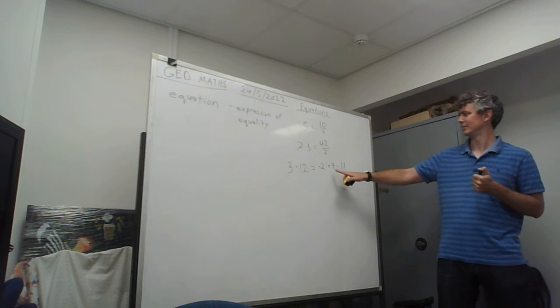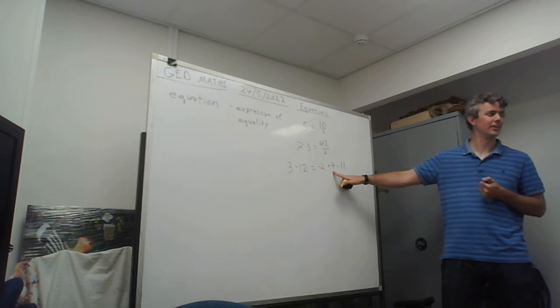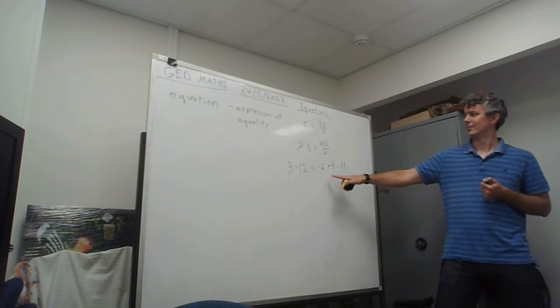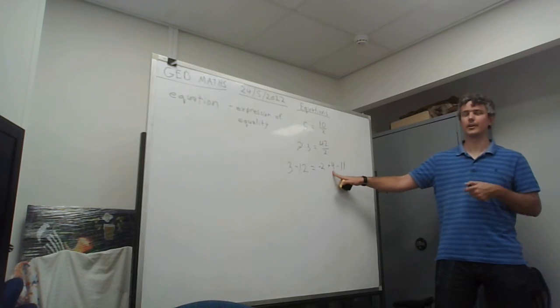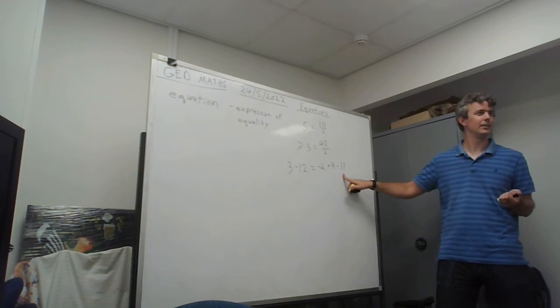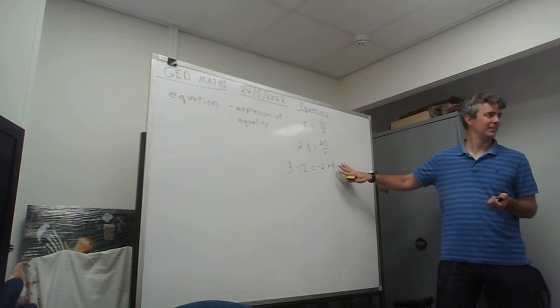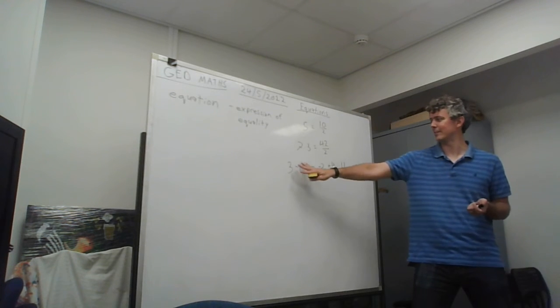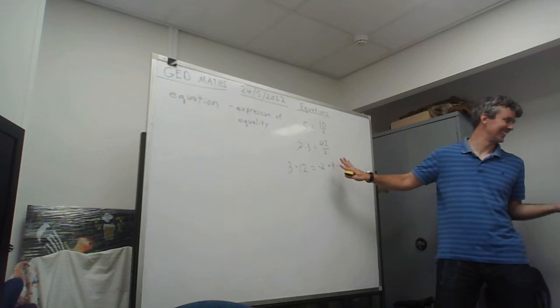So 3 minus 12 is minus 9. Minus 2 plus 4 is 2. Minus 11 is minus 9. So these are equal. Right? This is minus 9, this is minus 9. It's an equation. Alright? This is a challenge, yes.